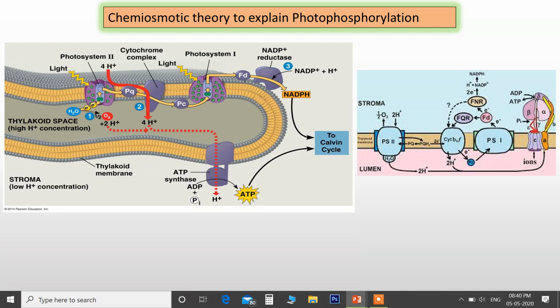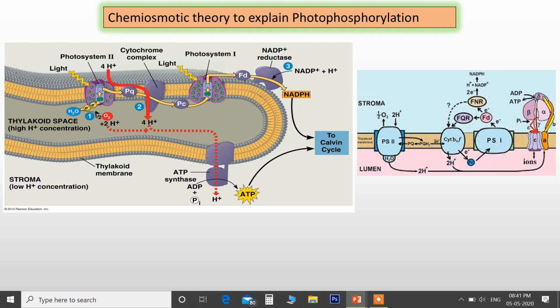Because of the occurrence of a hydrogen carrier, plastoquinone, along with these electron carriers, protons are pumped from stroma towards thylakoid lumen along with electron flow. So along with each electron flow, protons are pumped from stroma towards thylakoid lumen.